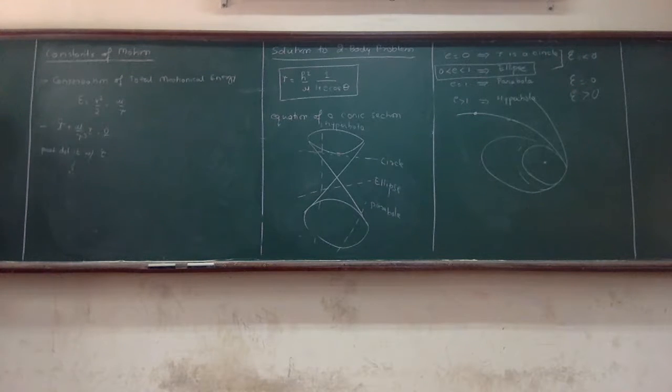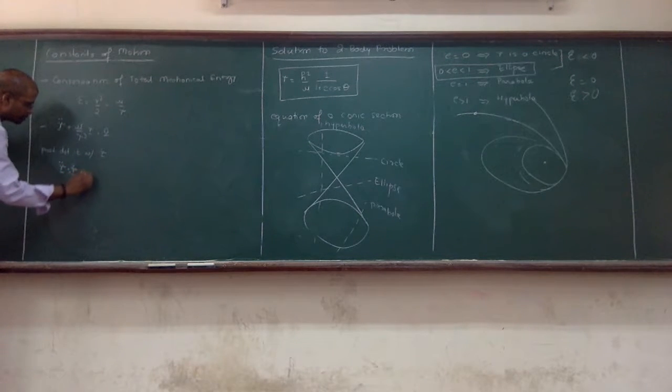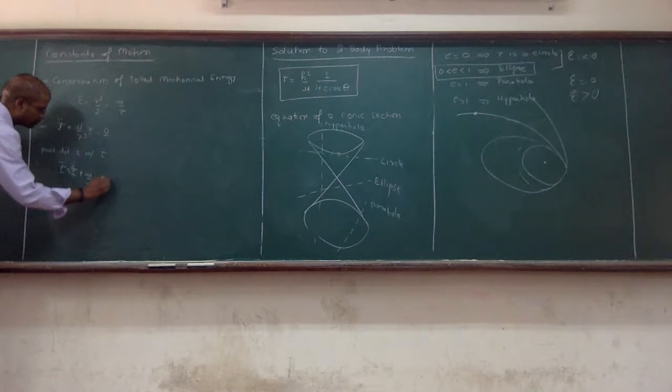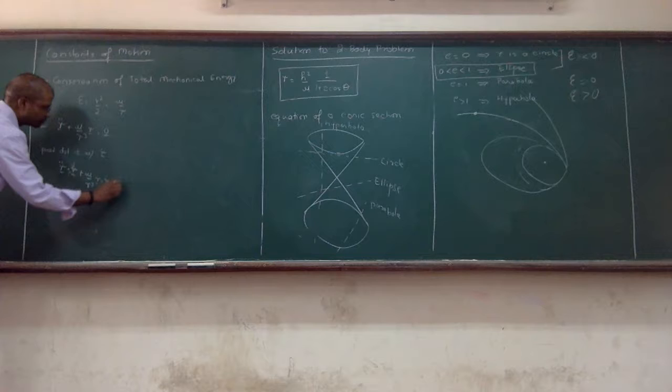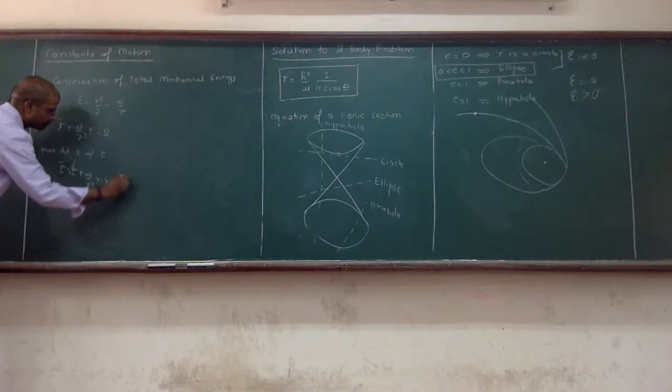That means r double dot dotted with r dot, plus mu over r cubed times r dotted with r dot, is equal to 0 dotted with r dot.